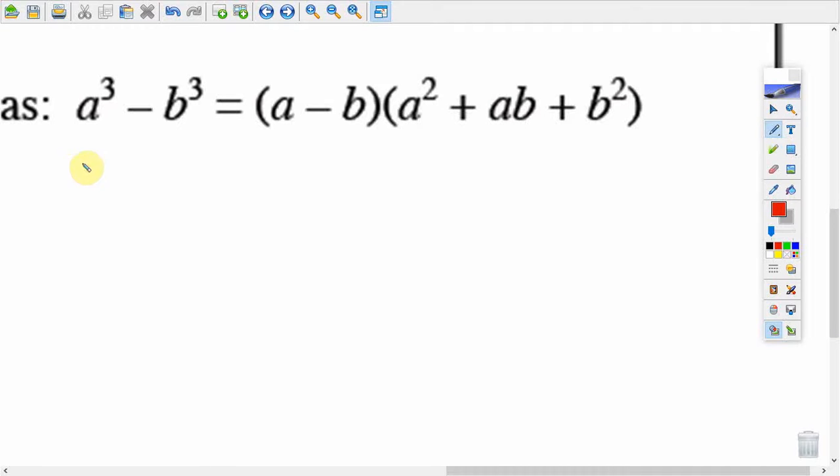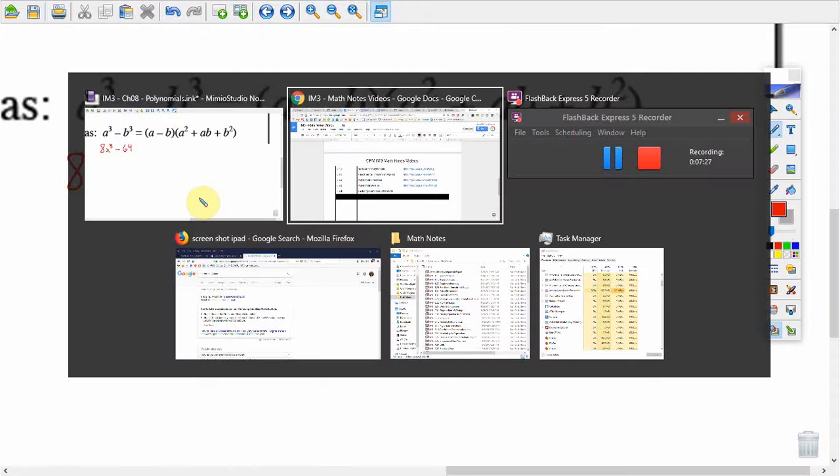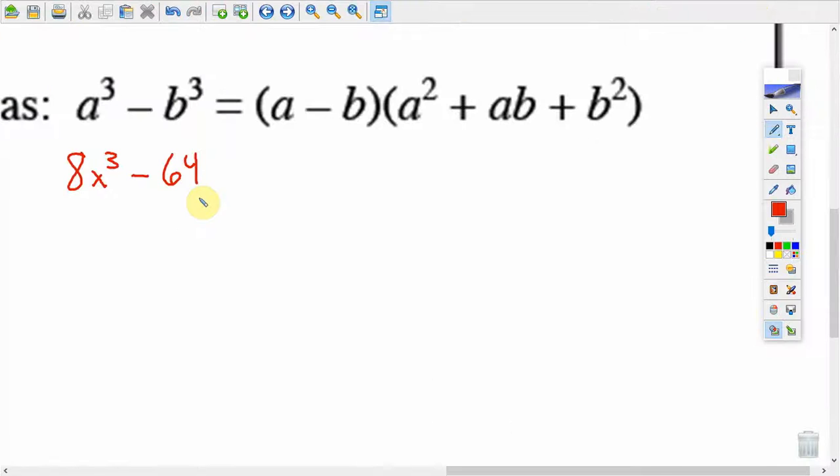So if we had something like 8x cubed minus 64, then we should recognize that as 2x cubed minus 4 cubed.